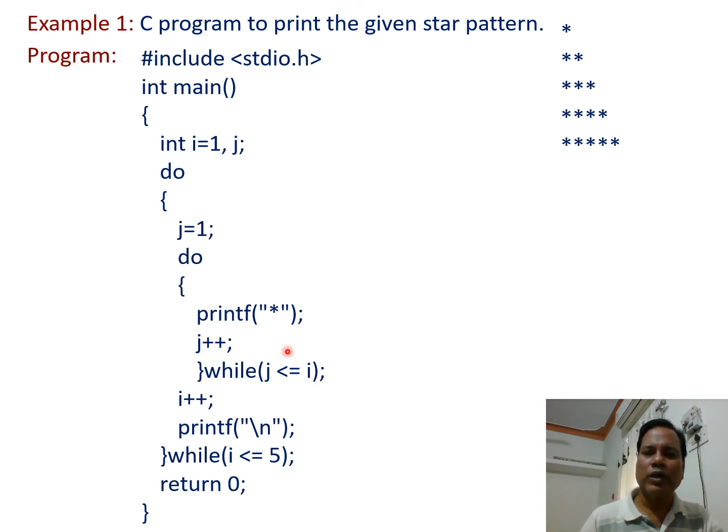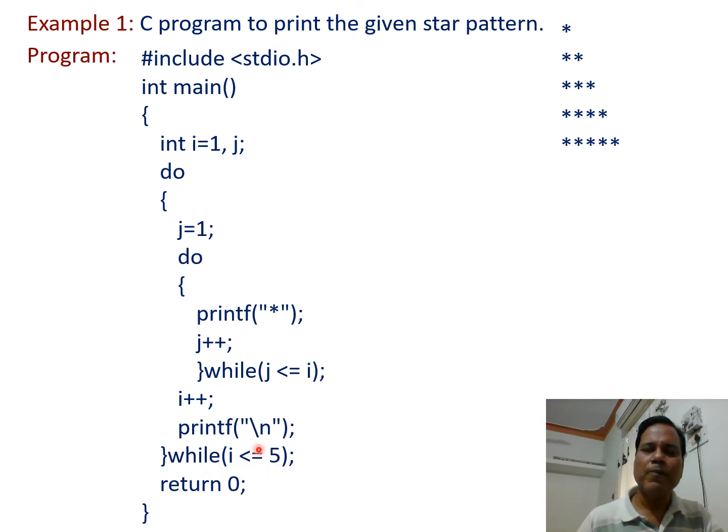So control comes out of the inner do while loop and it finds i plus plus, value of i is incremented. Now this becomes 3. Next statement printf brings the cursor to the beginning of the next row, that is the third row. And again condition is tested for the outer do while loop. Now condition is true.